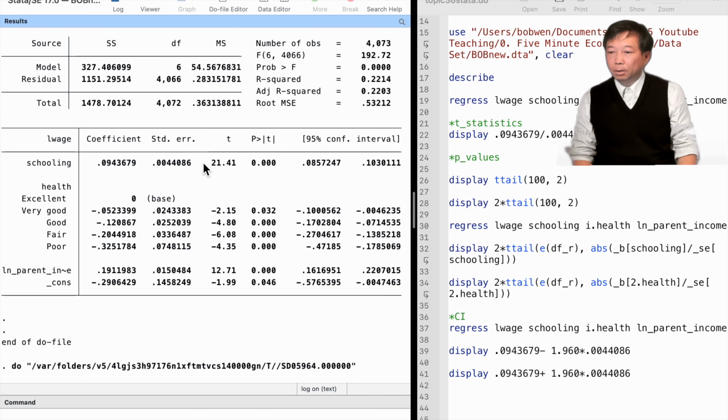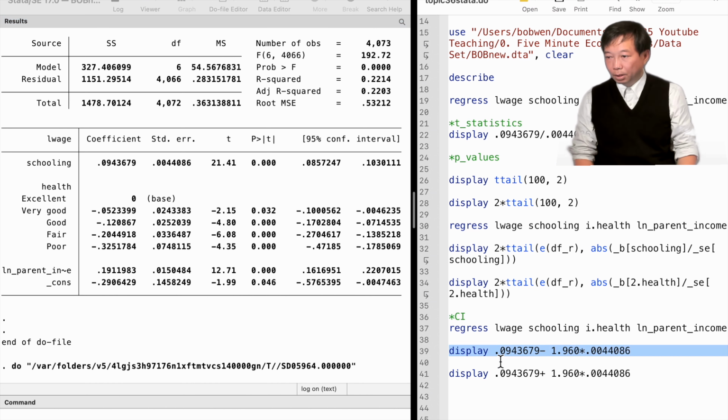For example, in the workers' wages model, the 95% confidence interval for the variable schooling is from 0.086 to 0.103.